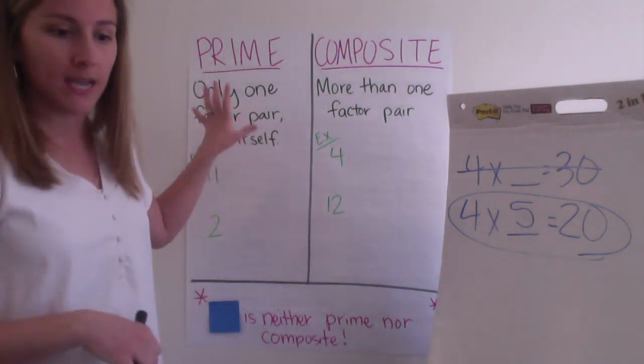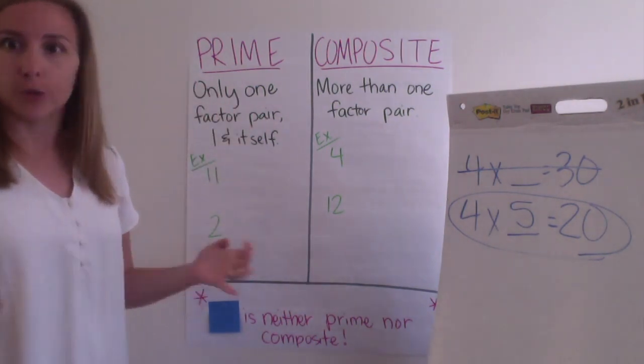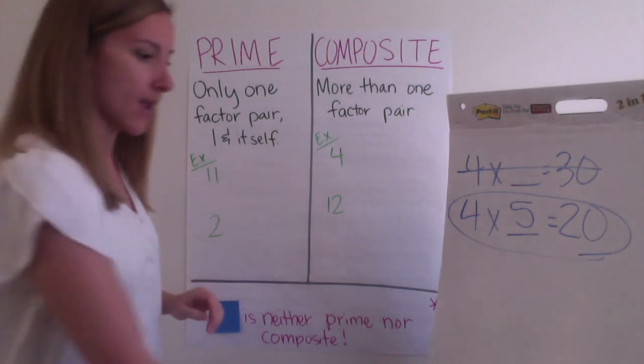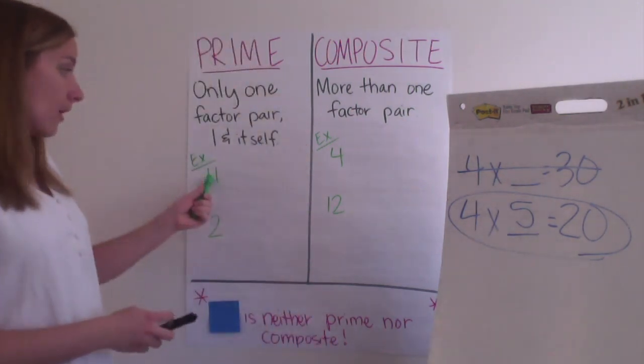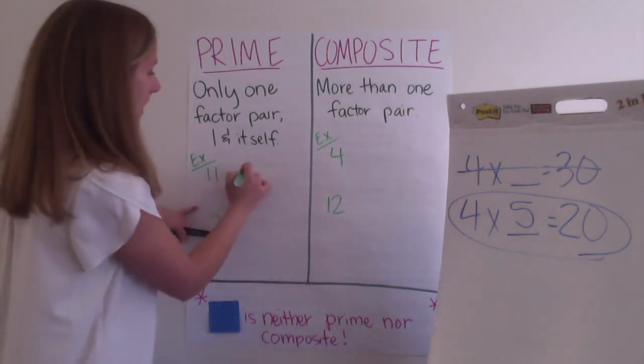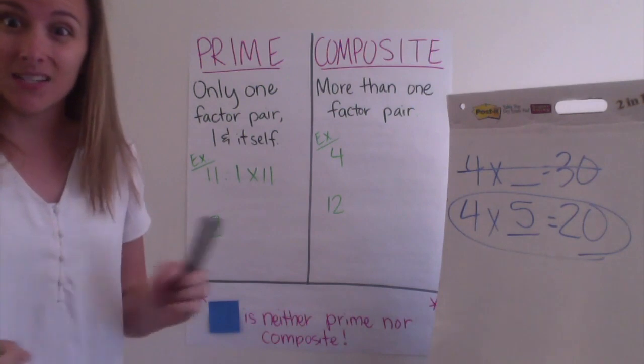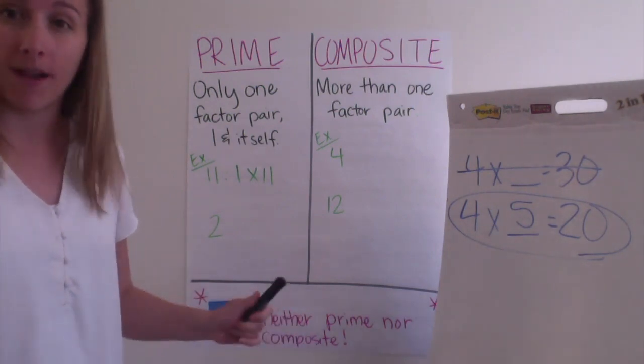Sometimes you'll hear it said of only two factors or a factor pair, that's meaning the same thing. So if we look at this, my example that I thought about was 11, because the only way that you can multiply some whole numbers to get 11 is 1 times 11. So that's the only factor pair.